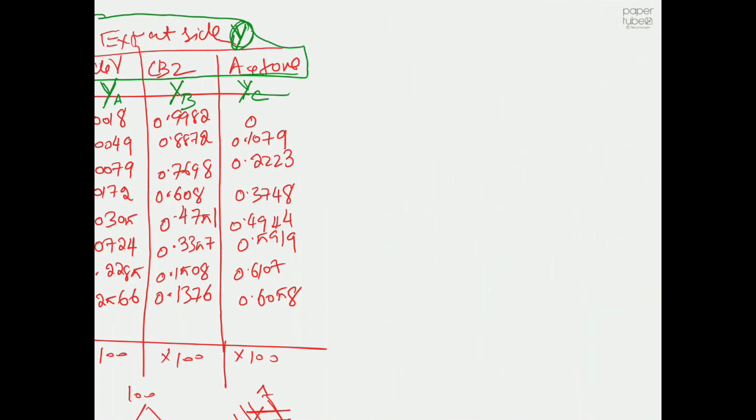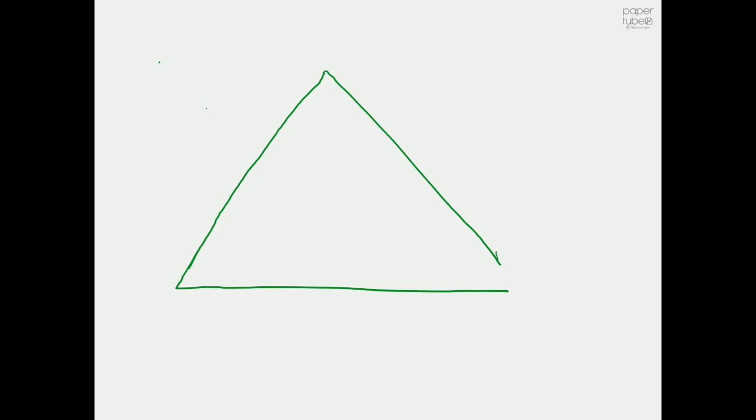Let me compile what we need to do exactly. So come back here. We have our liquid equilibrium data, and we are going to plot them to get our phase separation line.